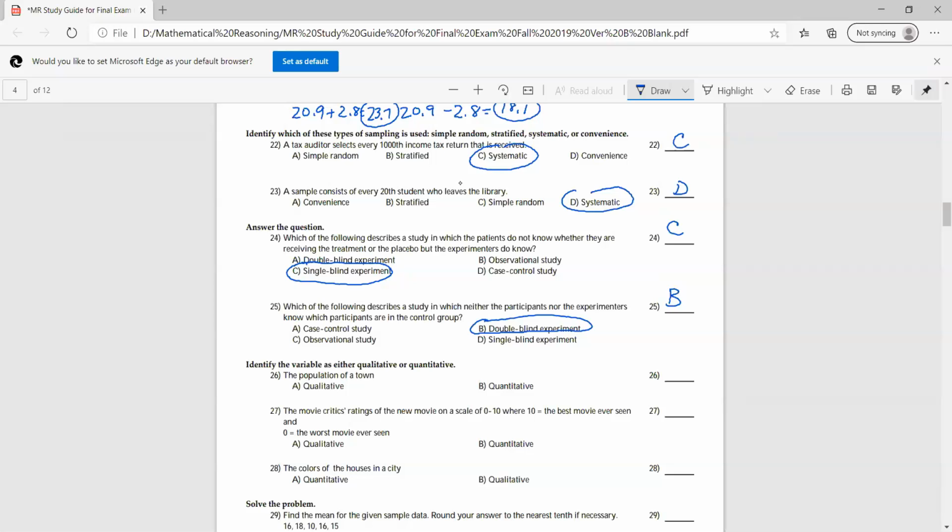If we were to divide our population at Pulaski Tech into groups, we might pick groups based on race, or based on majors, and then draw so many out of each one of those. That would be stratified. Convenience means that it's truly convenient for the person doing the survey. So you would stand outside of Walmart and just ask the first 10 people that came into the store. That would be convenient, easy to do.